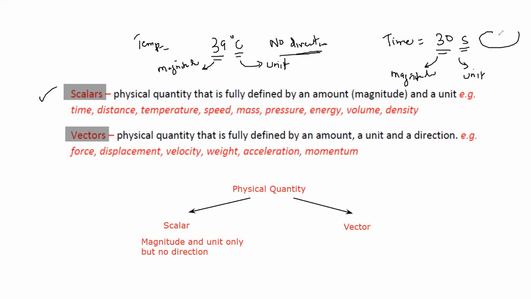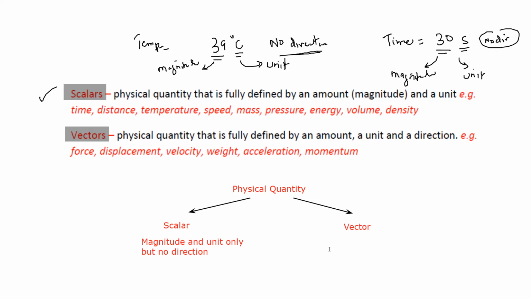But again, there is no direction. You don't say 30 seconds in east, west, north, south, upward, downward, right, left. So whenever a physical quantity is represented by magnitude and unit without a direction, that is simply called a scalar quantity. But what about the vector quantity?